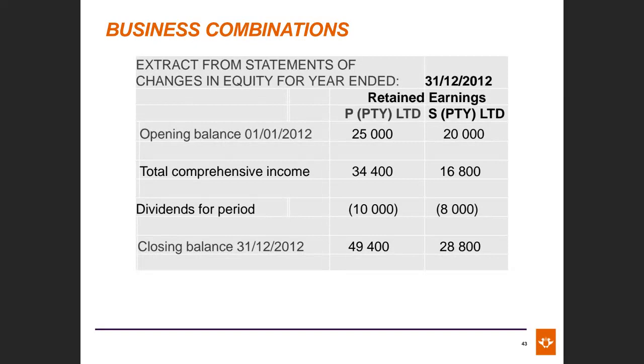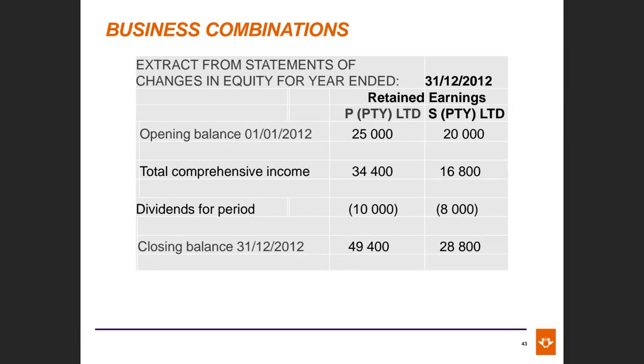P is owned by other shareholders outside the group, okay? So this 10,000 Rand is not an intra-group transaction. P is the parent of S, meaning P owns an ownership in S, and then there's non-controlling interest, okay? So you're saying it's 80%.